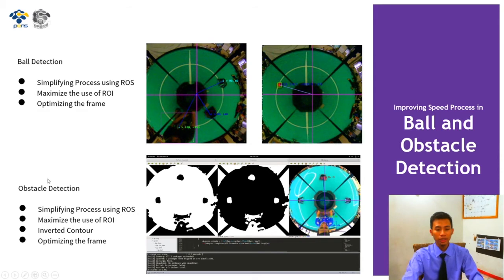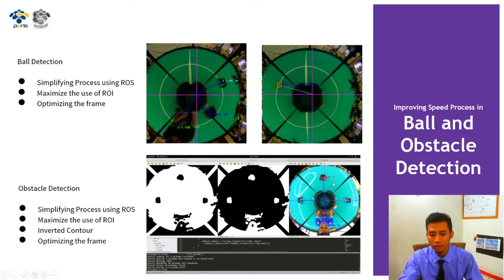The obstacle detection is the same as ball detection, but I added the inverted contour in this obstacle detection. Before I did the research, the robot was detecting the black color. I think it's simpler if I take the threshold of the green color.